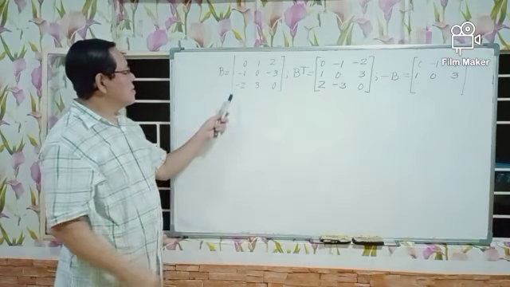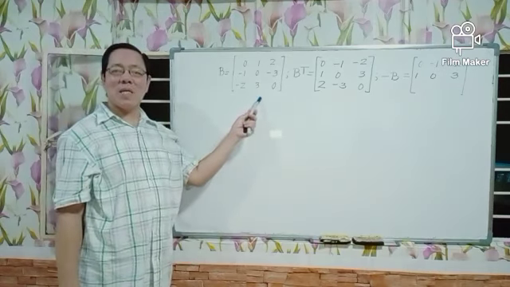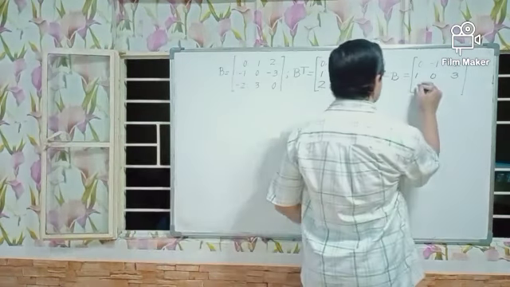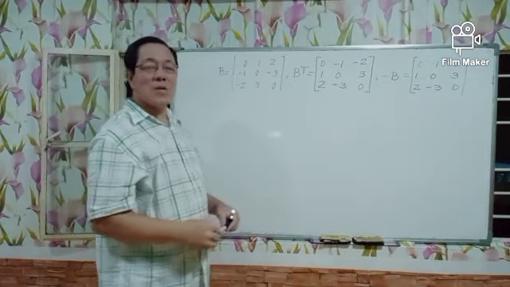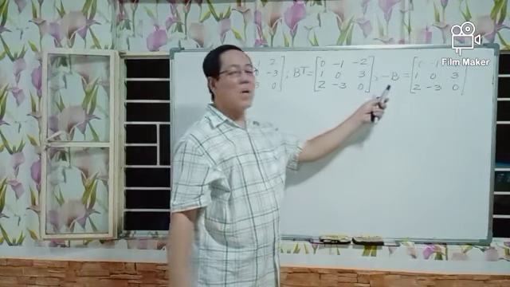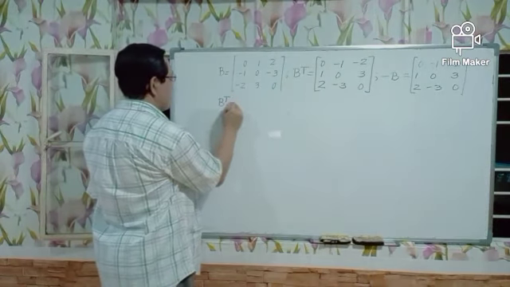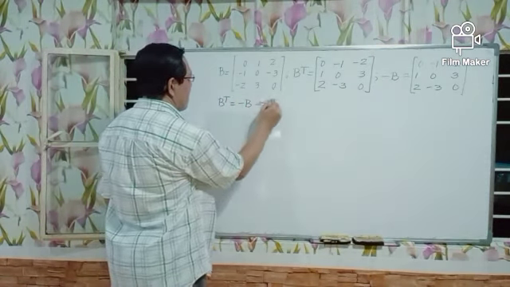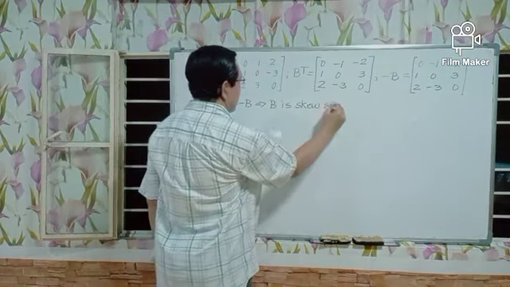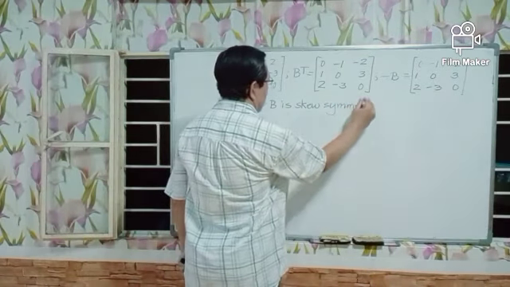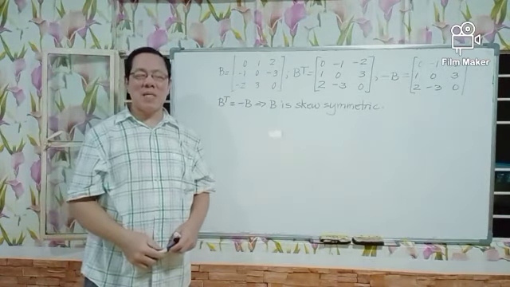And the last row of matrix B, we multiply by negative 1, we get positive 2, negative 3, 0. And you can see that the transpose of B is equal to the negative of B. Therefore, we conclude that the given matrix B is skew-symmetric.